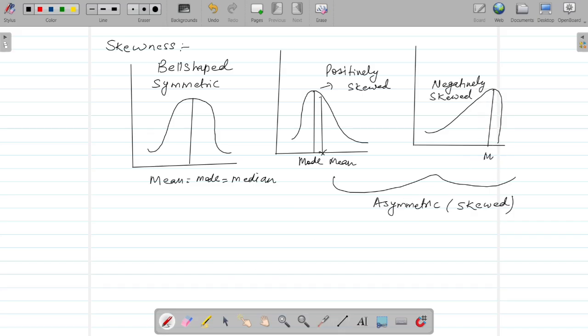Here it will be median, and then next will be mean.